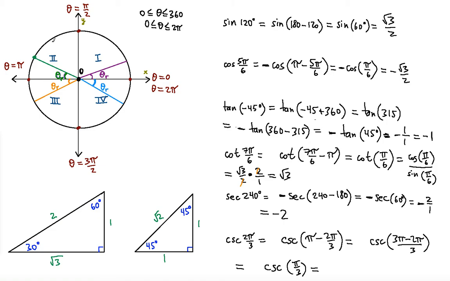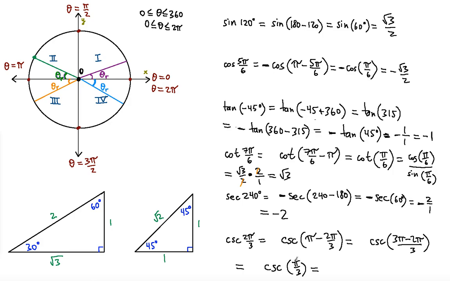The y-coordinate is positive here in quadrant 2, and so it is going to be positive for cosecant. So changing it to quadrant 1, because we are now at the reference angle pi over 3, does not change the sign. So we do not need to place the negative anywhere, and we can just find the cosecant of pi over 3 right there, clean.